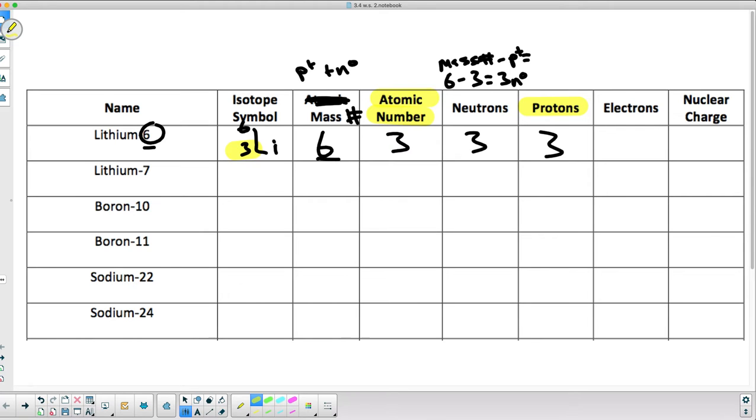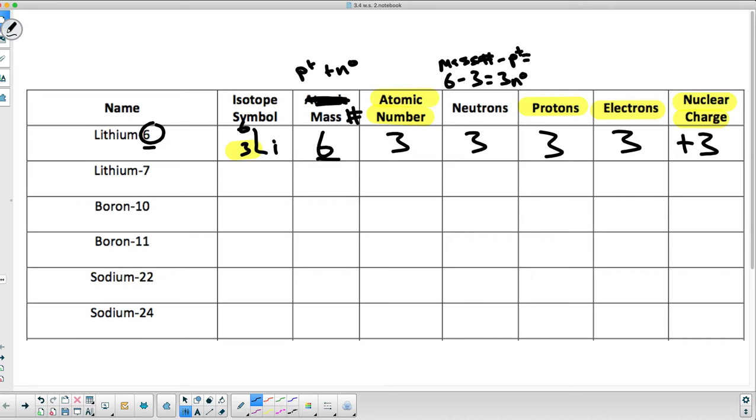The number of electrons in this case is going to be the same because we're not dealing with an ion. And the nuclear charge is going to be the same but with a plus charge. Okay, so as I go through this, lots of things are going to be the same. The atomic number, protons, electrons, and nuclear charge are all the same. On the isotope symbol, the 3 at the bottom is always going to be the same too as those things that I've highlighted.